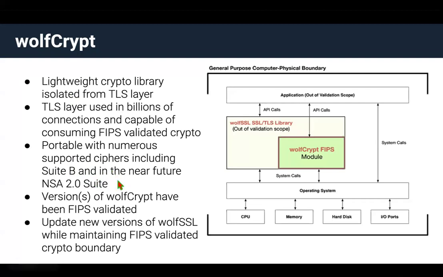But soon we'll have a complete wolfCrypt NSA 2.0 suite offering that has no third-party dependencies. And the goal for that is, I believe, by the end of this year, we're going to have that complete. And like I mentioned, multiple versions of wolfCrypt have been certified. They all can be consumed by the TLS stack. And then we update the new versions of wolfSSL while maintaining the FIPS validated boundary.